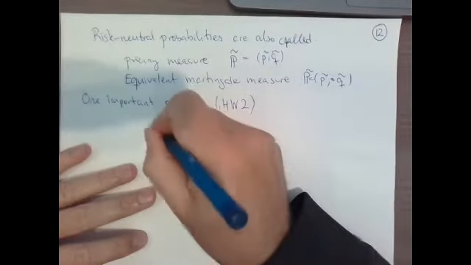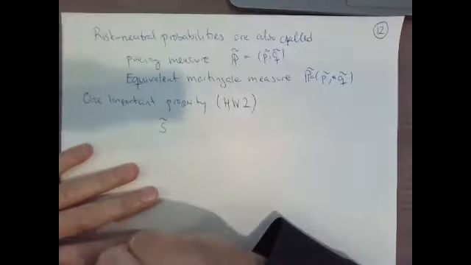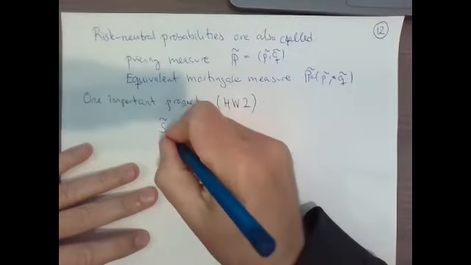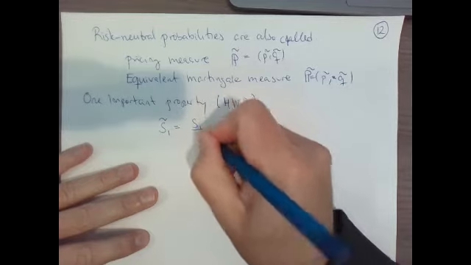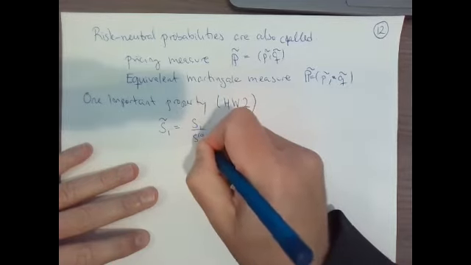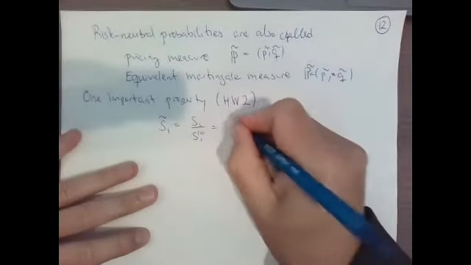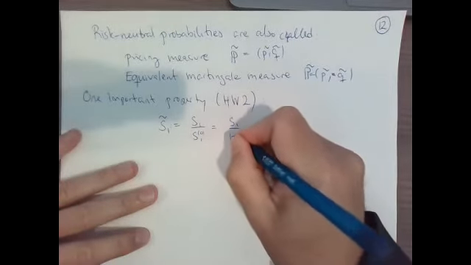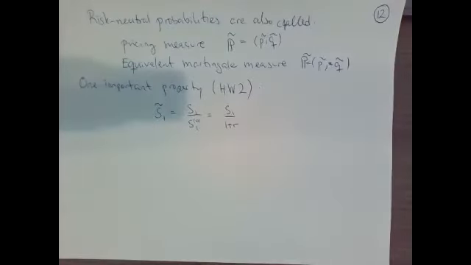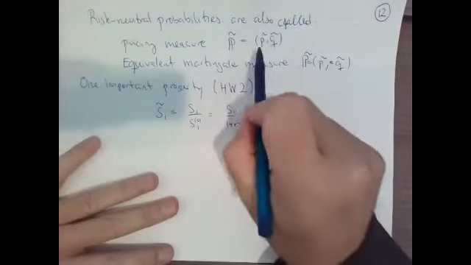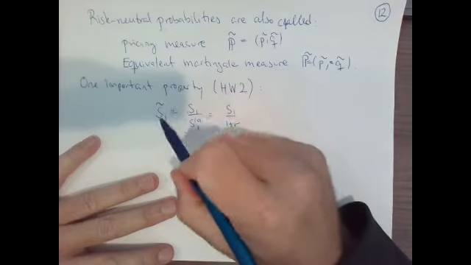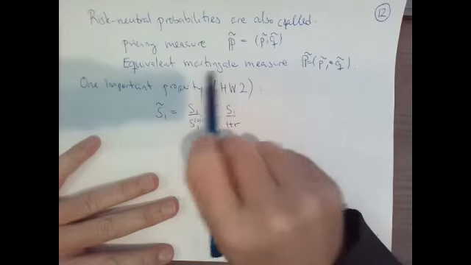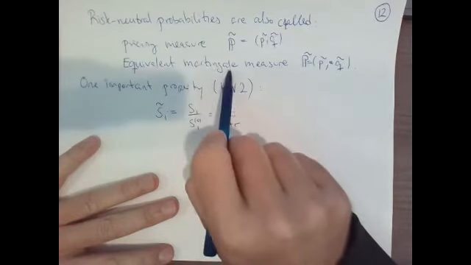Remember we had these discounted prices, right? The discounted ones are the ones with a tilde on top. So S tilde 1 was defined to be S1 divided by the money market account's value at time 1, so S1 divided by 1 plus R. One important property of these probabilities is related to the martingale property, which is where the word martingale comes from.